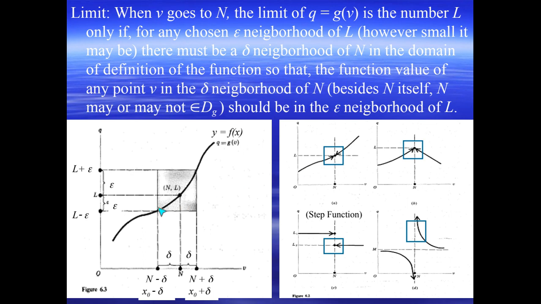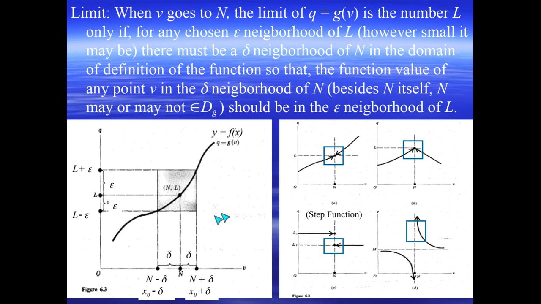Why? Because the vertical distance of this quadratic frame is L minus epsilon, L plus epsilon. It is the open interval L minus epsilon, L plus epsilon, which is the epsilon neighborhood of L. This is this distance, which has a length of 2 epsilon, of course.